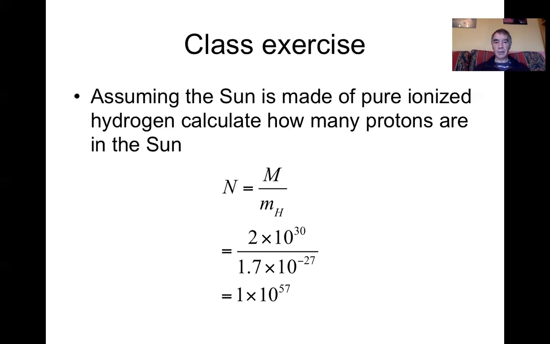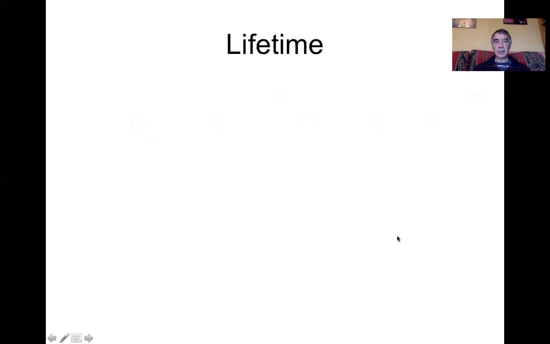Okay, so let's now start to look at the energy source of the sun. For that, we're going to first ask the question, how long has the sun been shining at its current rate? The sun is emitting radiative power from its surface, so how long has it been doing that?